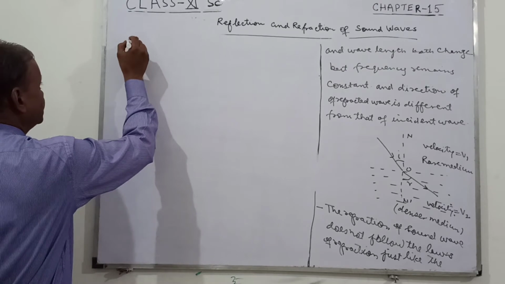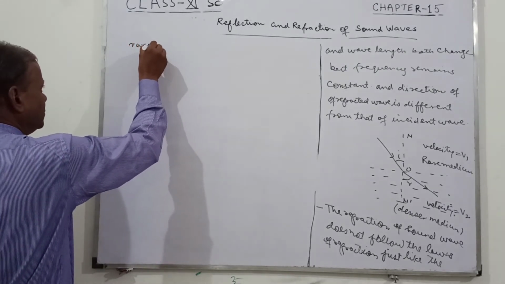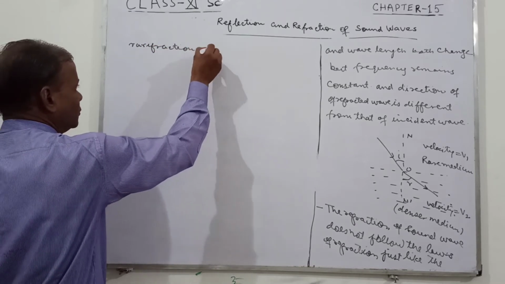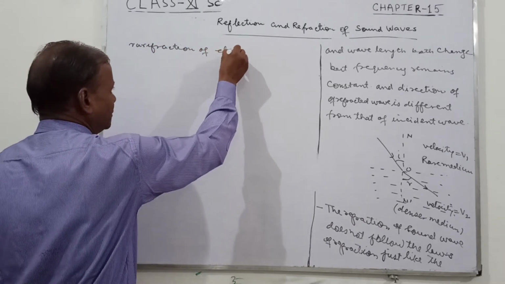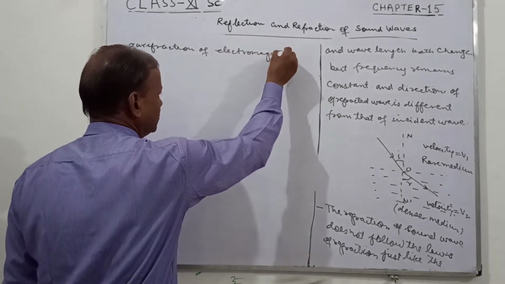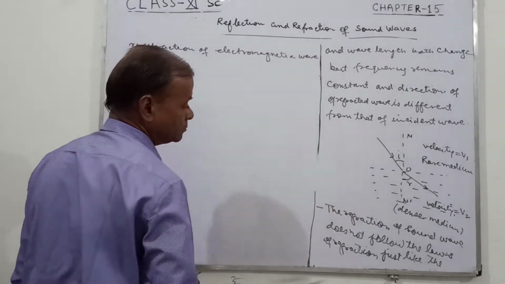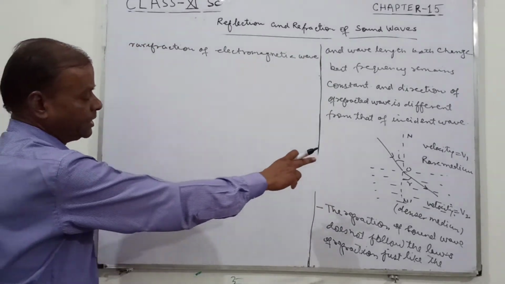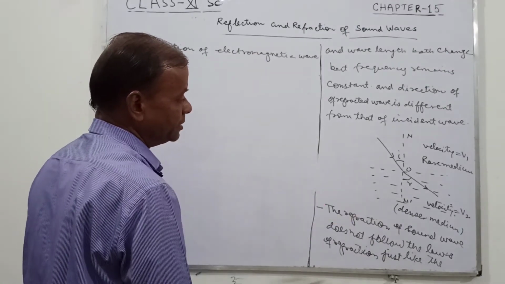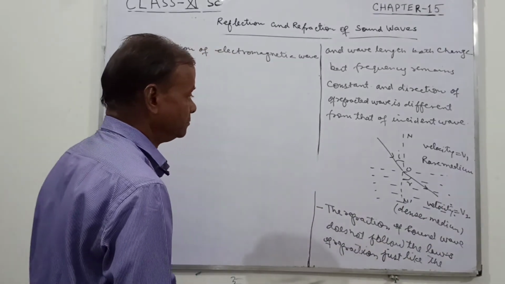The refraction of electromagnetic wave. Suppose we have the velocity v1 in the rare medium, then the velocity in the denser medium, v2, is greater than v1.